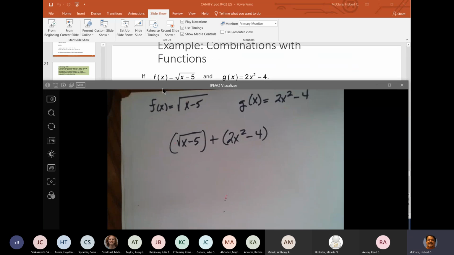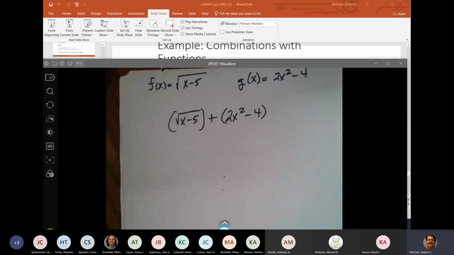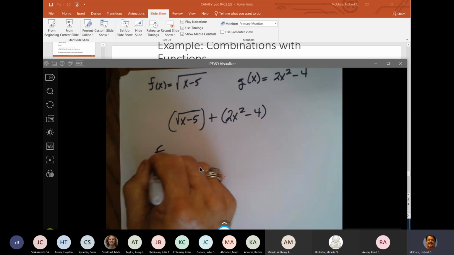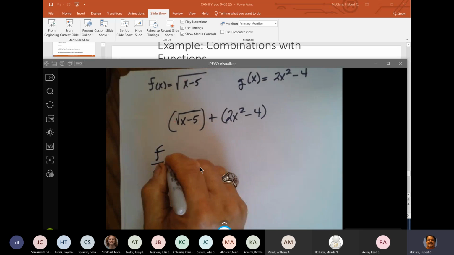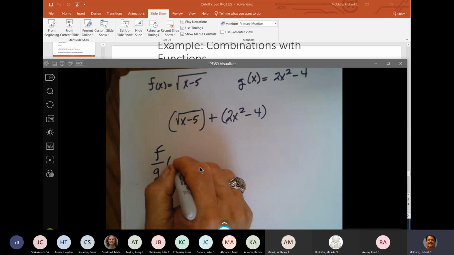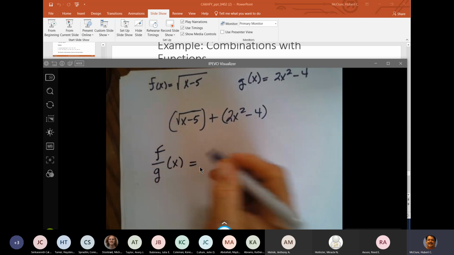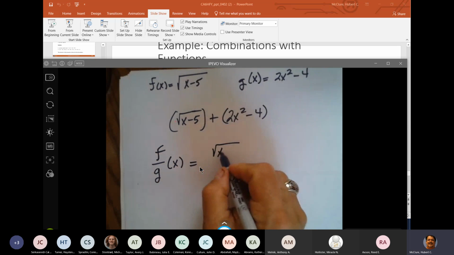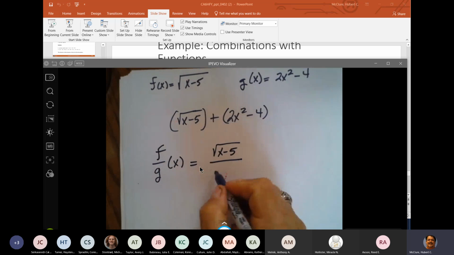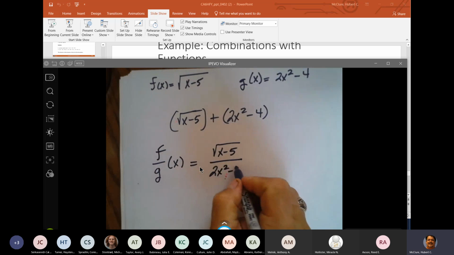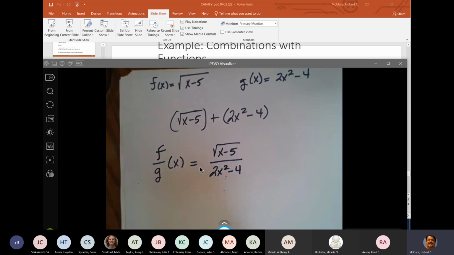Again, it's not going to give you much, because f divided by g is going to be the square root of x minus 5 over 2x squared minus 4. And again, there's not much you can do with it except just put a division symbol between it, graph it, and let's graph that one. We'll graph that one in yellow or something.